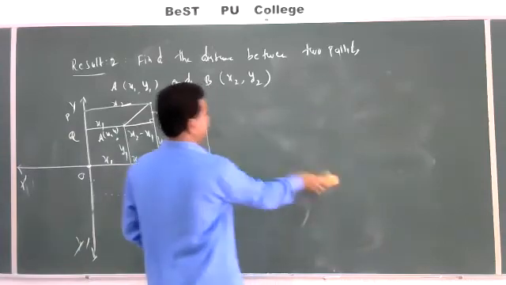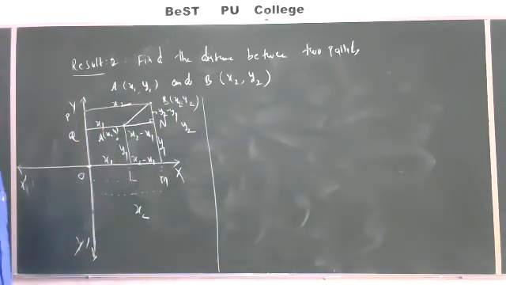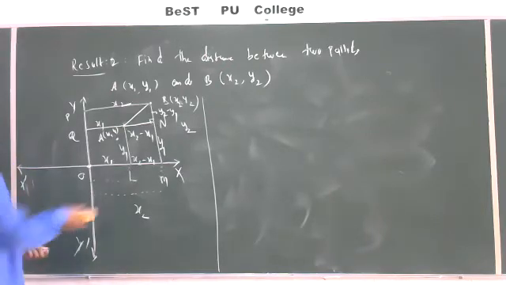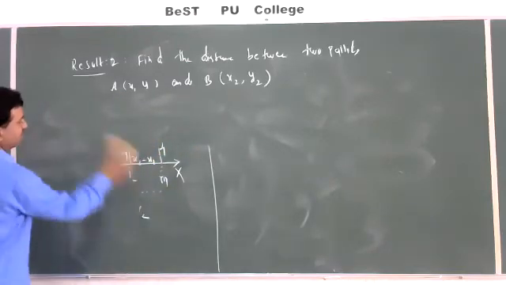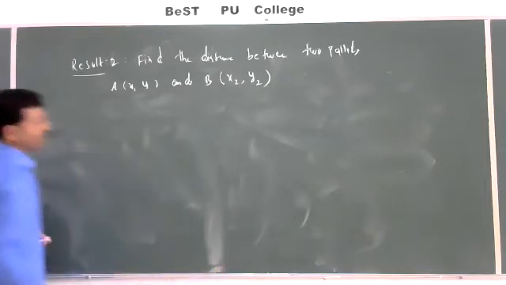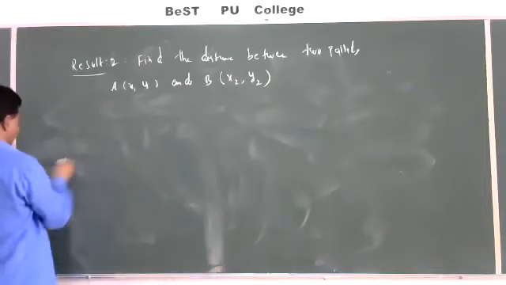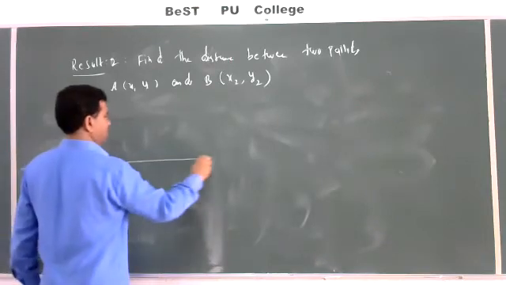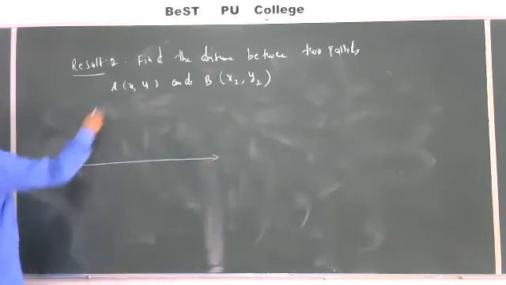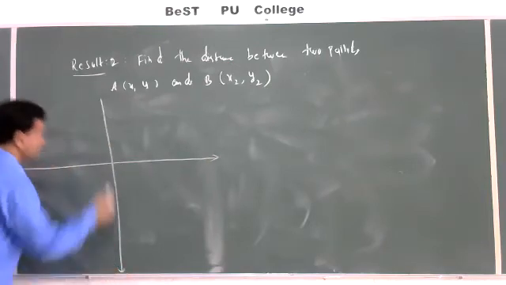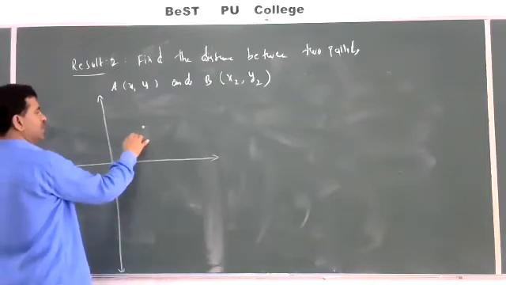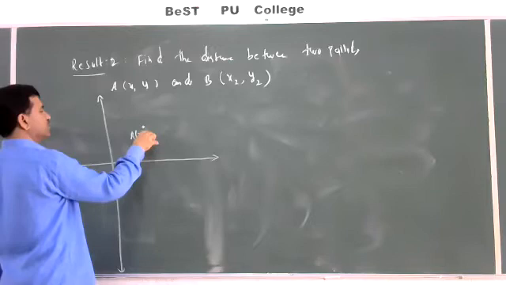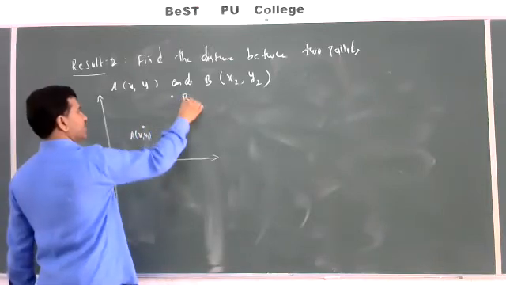So first, draw the diagram. Draw the big diagram. From the diagram only, you can easily prove the distance between 2 points. First complete drawing the diagram, everyone. Just follow me. Let 2 points, one is A (x1, y1), another one is B (x2, y2).